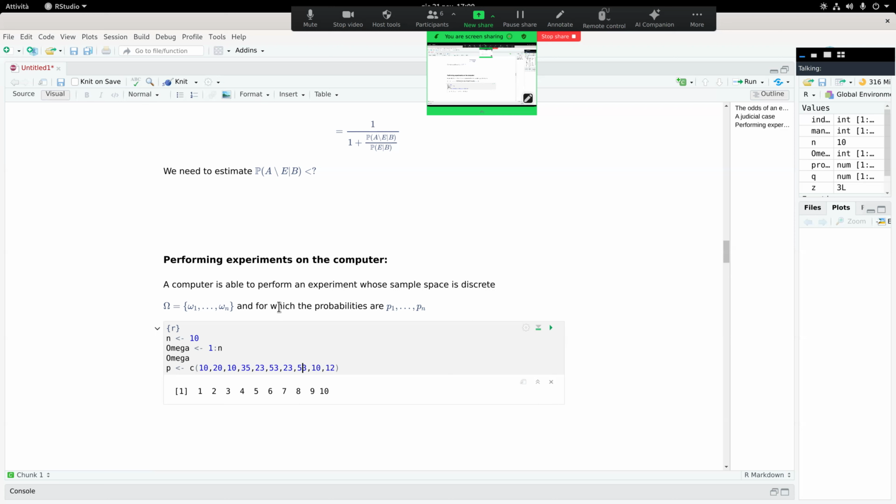So what's wrong with this p? What property does it not satisfy?